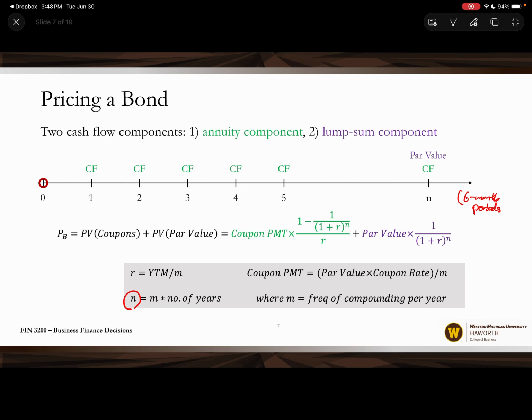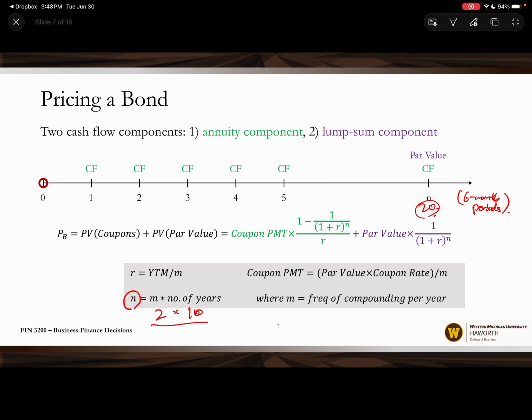Meaning, if it's a 10-year bond, you're going to do 2 times 10, and the final N will be 20. So the timeline consists of 20 6-month periods. You'll see an example in the other videos.